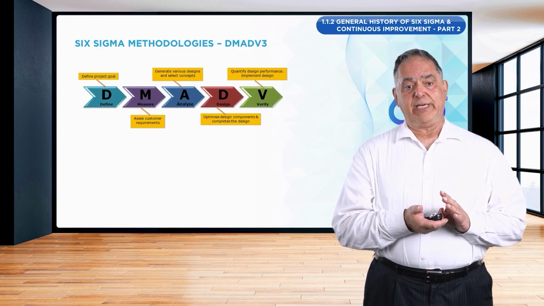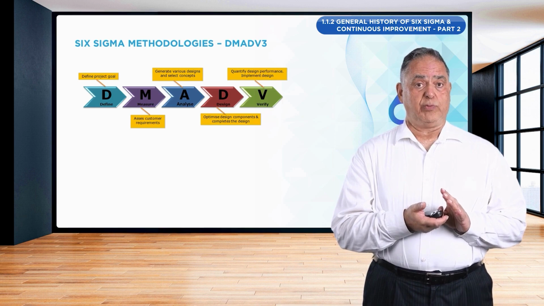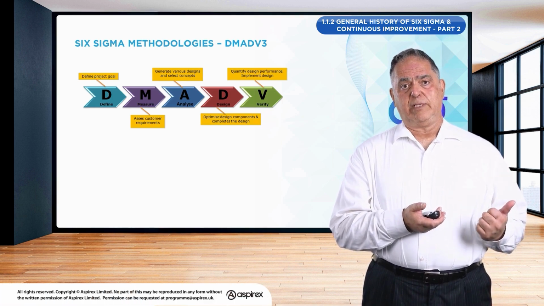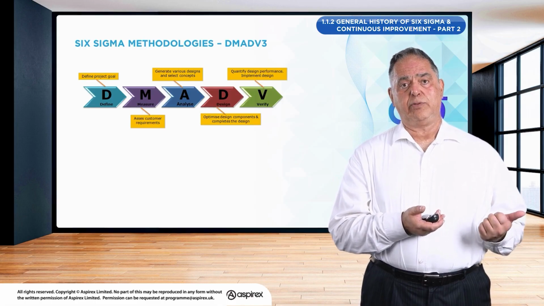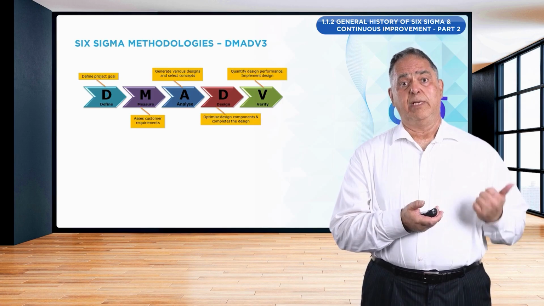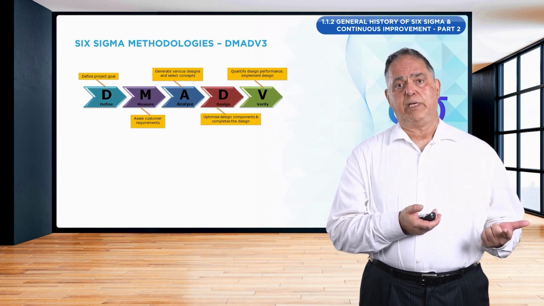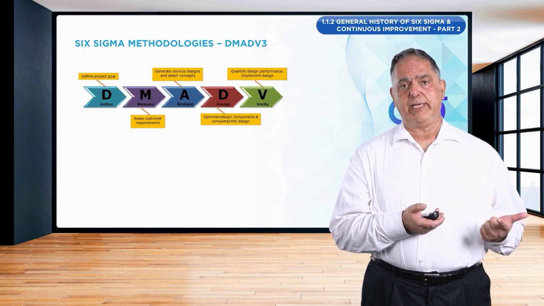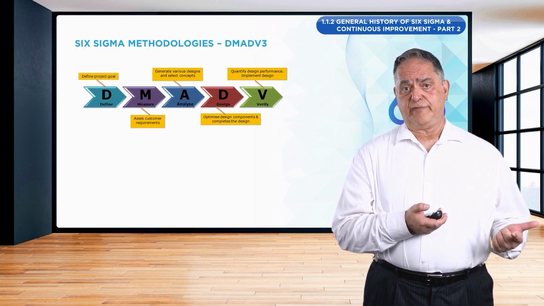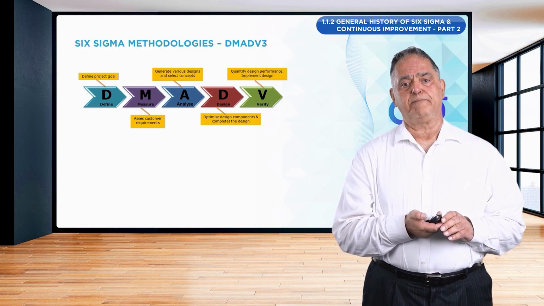So during Define, we define the project goal, what we try to achieve, and remember, Design for Six Sigma is either about creating a new product, a new service, or a new process that never existed before, or it is about redesigning, re-engineering an existing process, product, or service that does not meet the specified requirements.